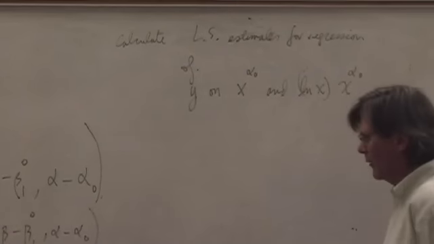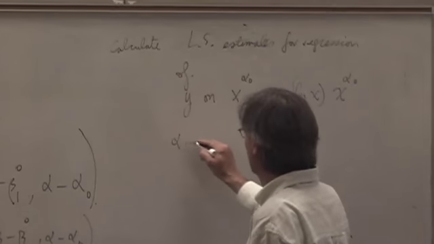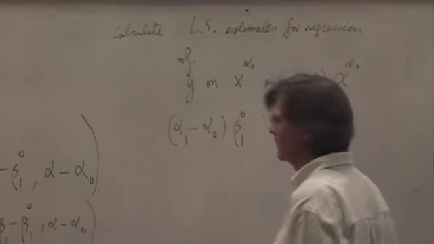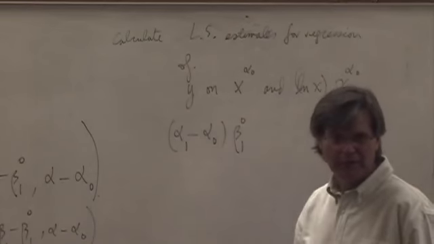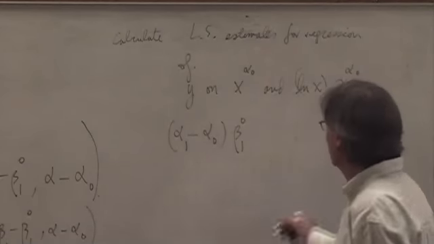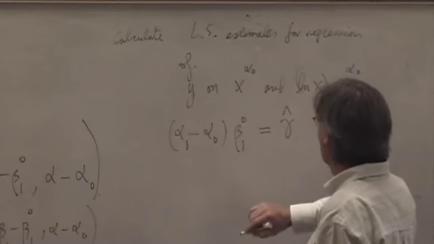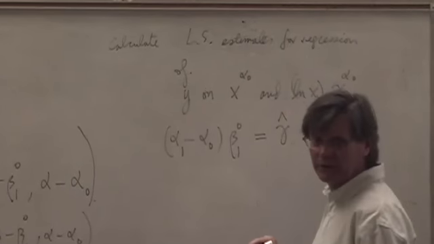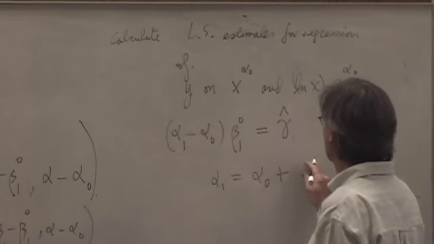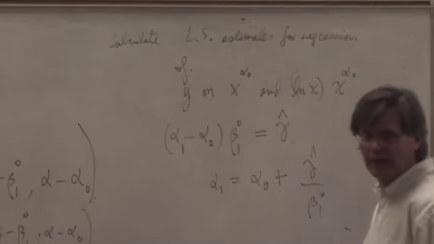I'll estimate then that alpha 1 minus alpha naught times beta 1 super naught, which is my original estimate of the slope, just a straight line, equals gamma hat. And I'll therefore get that alpha 1 is equal to alpha naught plus gamma hat over beta 1 naught.